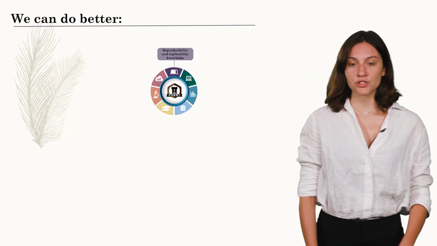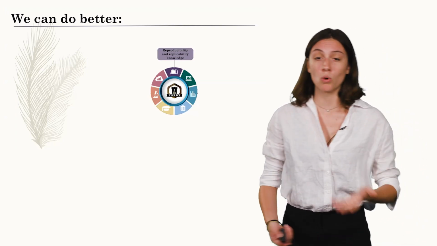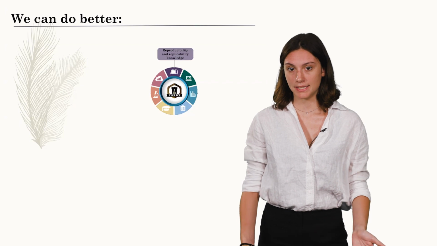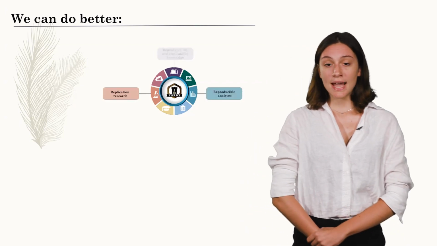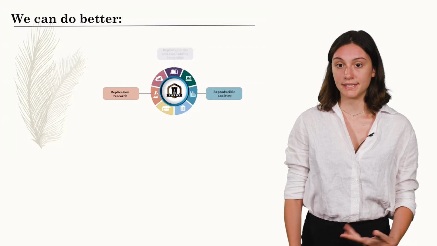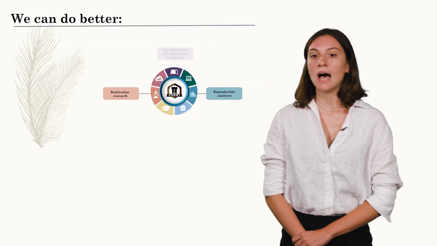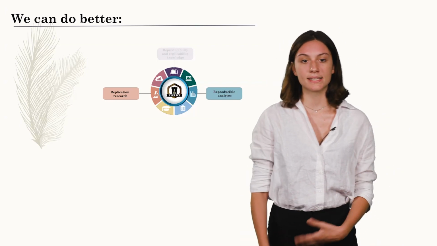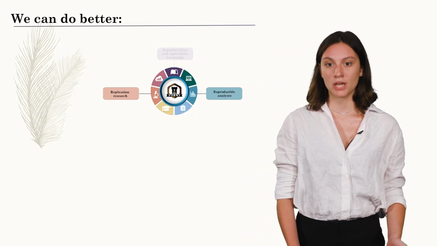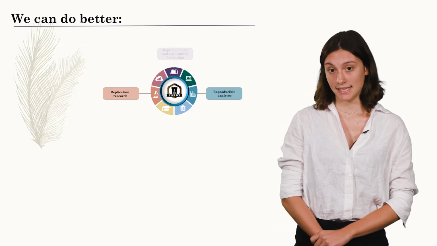And by increasing knowledge, I mean educating researchers as well as students about what reproducibility and replicability mean. Another important step is not only to teach people what reproducibility is, but also how reproducibility can be implemented. So how can we do reproducible analysis and replication research? And we will expand on each of these aspects in the next lectures.